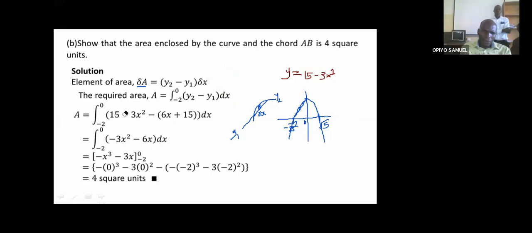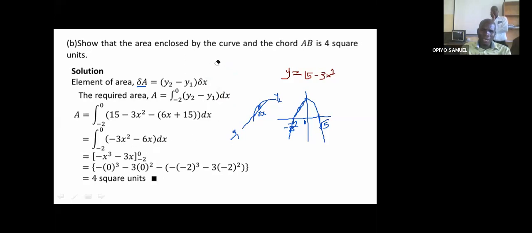We have 15 minus 3x squared, then minus the equation of the chord, which we got to be 6x plus 15. So when we do this and integrate, we shall get -x cubed minus 3x squared.